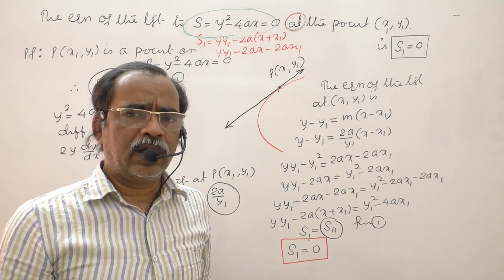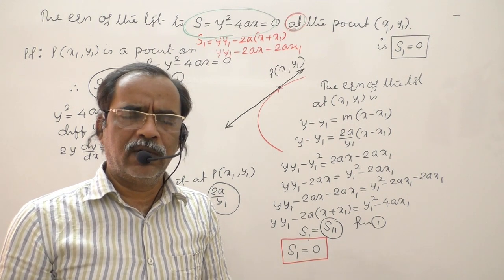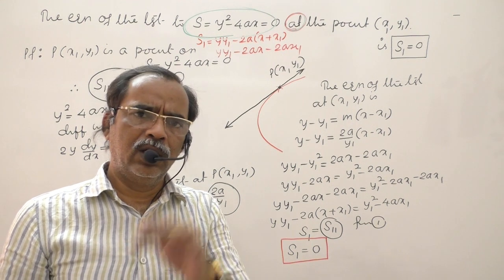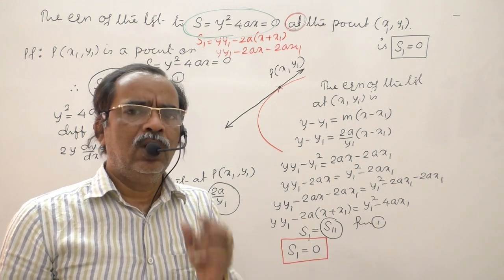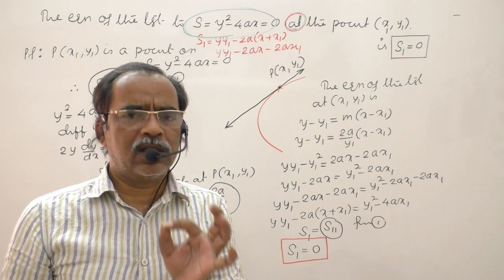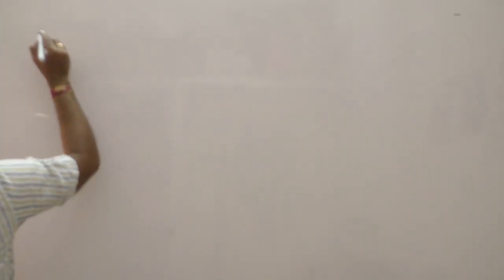Already seen in the circles. For circles also the tangent at the point is S1. For further ellipse, hyperbola chapters also, for those curves also the tangent at the point is S1 equal to 0.